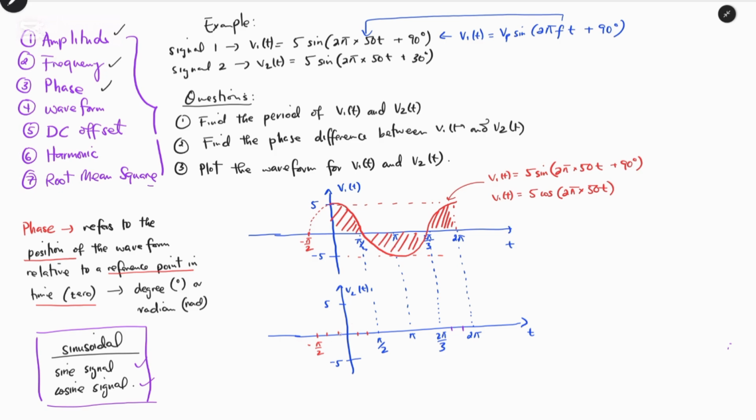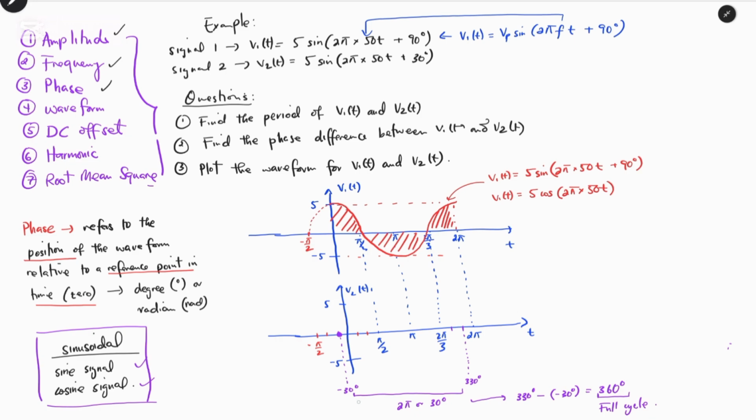We can see the signal is shifted by 30 degrees, so we can start from minus 30. If we take the difference from minus 30 all the way to 330 degrees, we end up with 2π or 360 degrees. To prove it, 330 degrees minus 30 degrees gives 360 degrees, which represents the full cycle of a waveform.